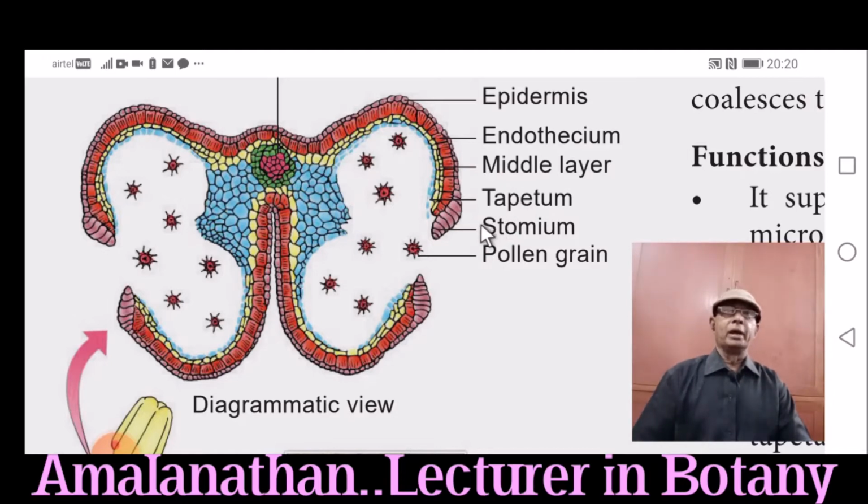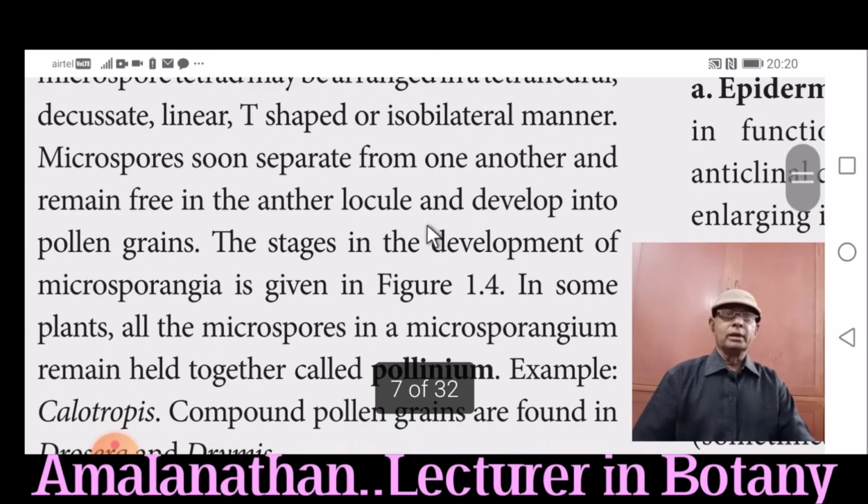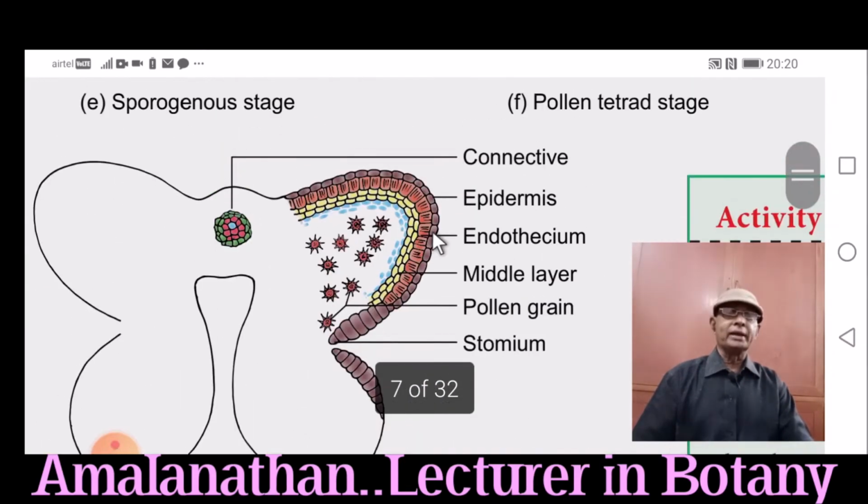What is epidermis? Epidermis is a single layered one. It is the outermost protective layer that has protective function. That is epidermis, the outermost uniseriate layer. Here the cells are compactly arranged. It is seen very clearly.